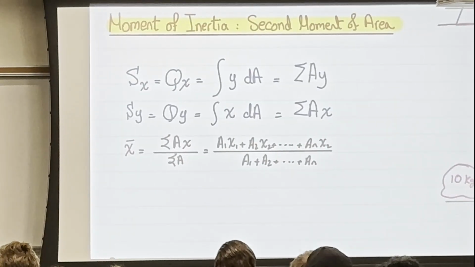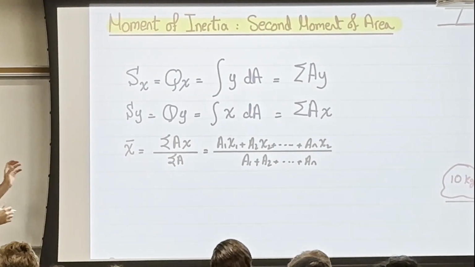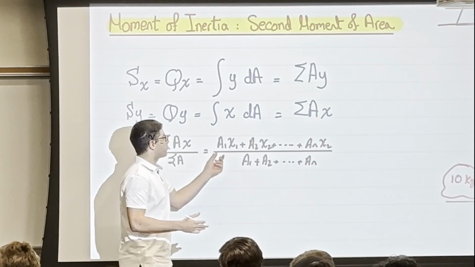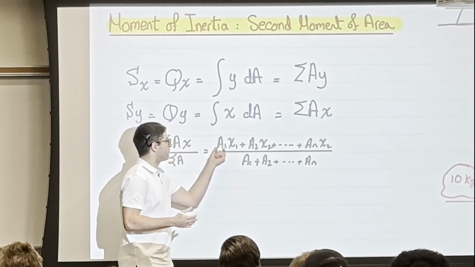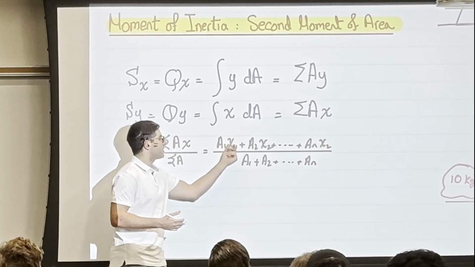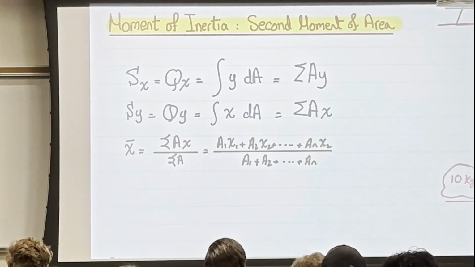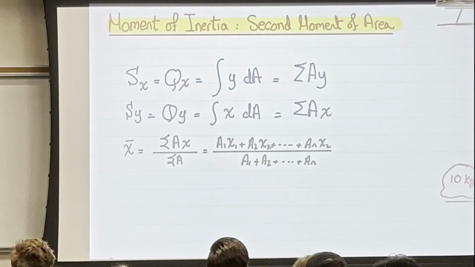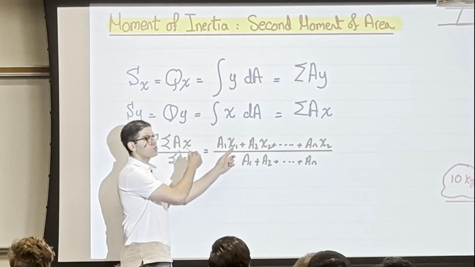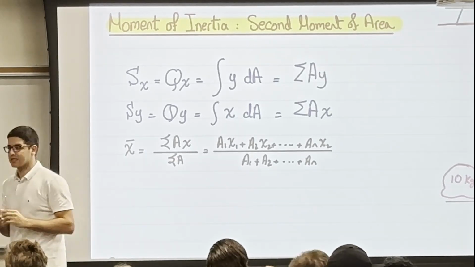This tells you that no matter how many divisions you divide the whole shape into, you need to find the area of each divided shape multiplied by x. And x here is the horizontal distance from the centroid of the divided shape to the axis. We all practiced this last time.